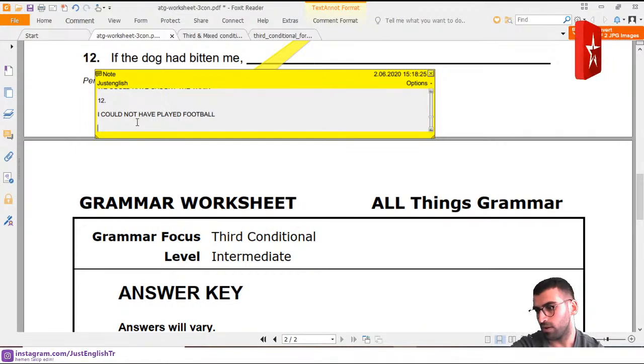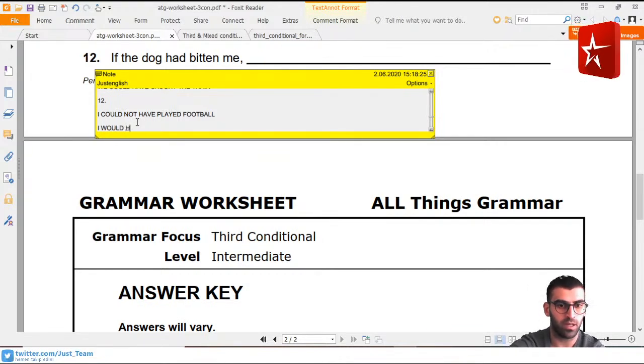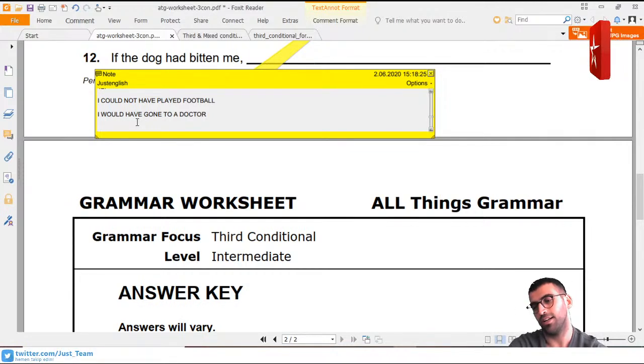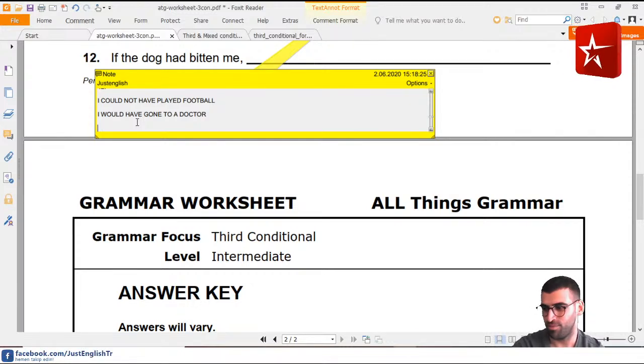I wouldn't have caught the flight. I would have gone to the doctor. Yes, of course. I would have gone to the doctor or a doctor, because we don't know which doctor you are going to. Ramazan immediately changed his comment: I would have gone to the hospital.